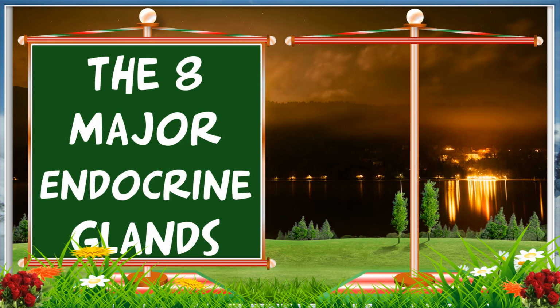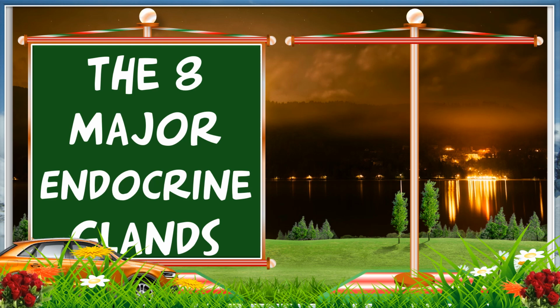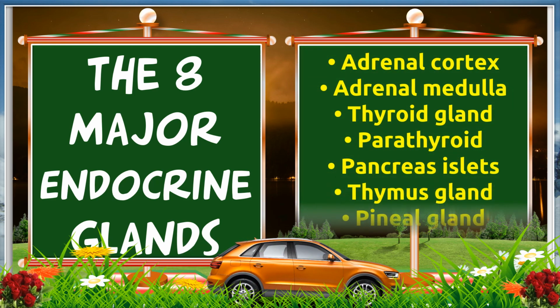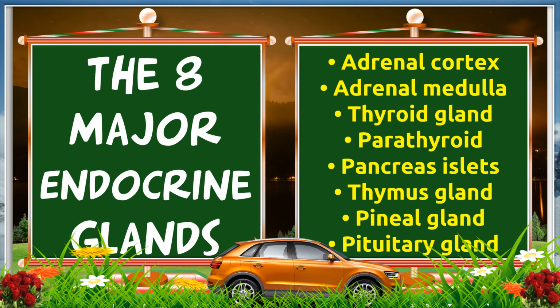The 8 major endocrine glands: adrenal cortex, adrenal medulla, thyroid gland, parathyroid gland, pancreas islets, thymus gland, pineal gland, and pituitary gland.